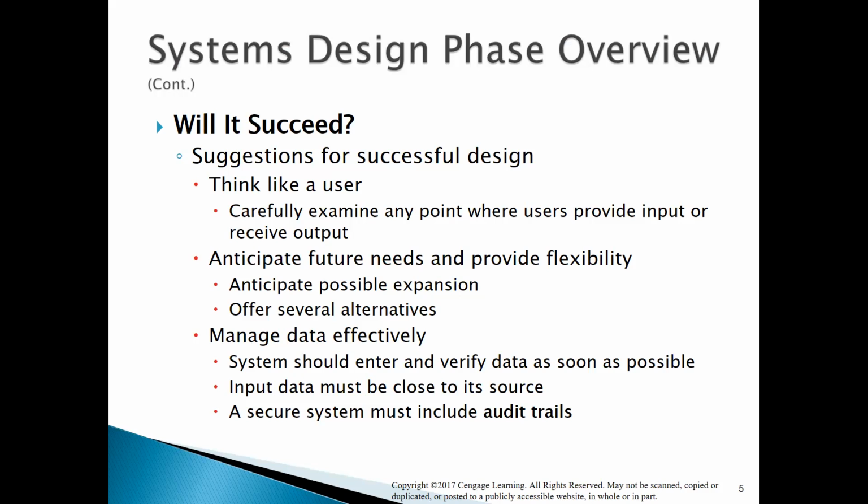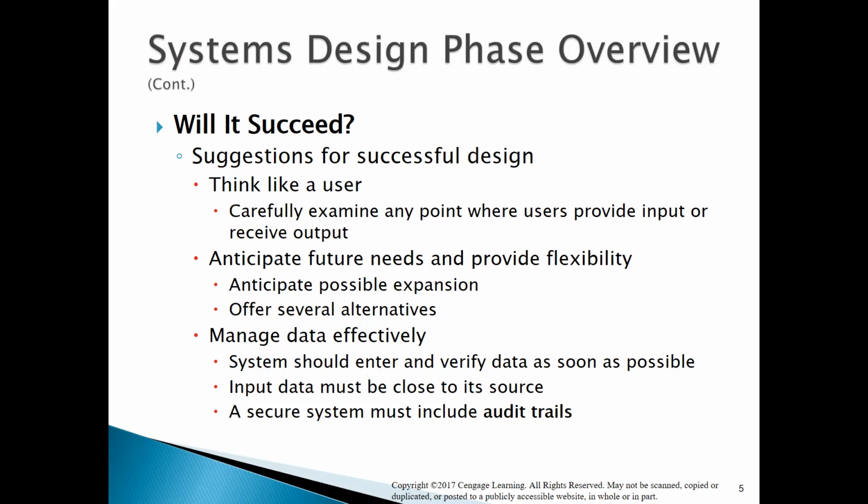So first of all, think like a user. A system should be designed in such a way that it may think like a user. In other words, the way that a user thinks, the way that a user would want things to be designed for them or do things for them, that's what the system needs to do. And it should anticipate future needs and provide flexibility.